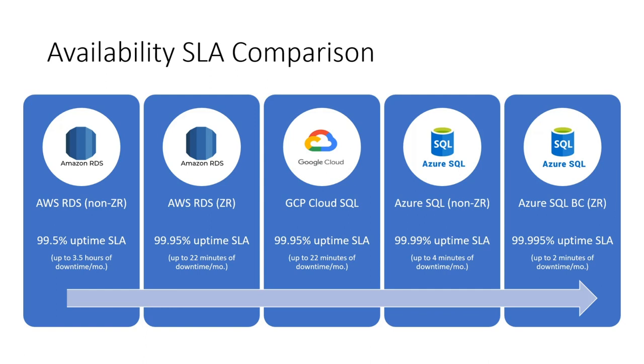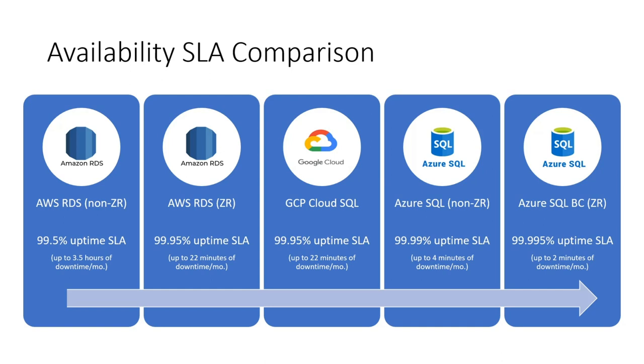On the other hand, Azure SQL, even in non-zone redundant configuration, is the only database service out there in the market offering 99.99% of uptime SLA, which is no more than 4 minutes of downtime per month. And this is the default or non-zone redundant or single AZ configuration.